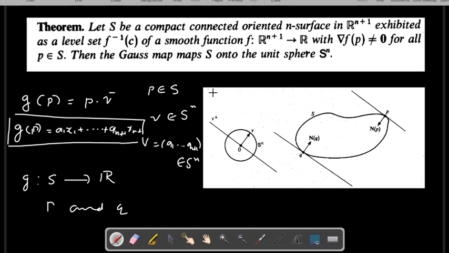Then by the Lagrange multiplier theorem, what can you say? You can say that del g is equal to lambda del f. So del g of p for p an element of S. What is del g of p?